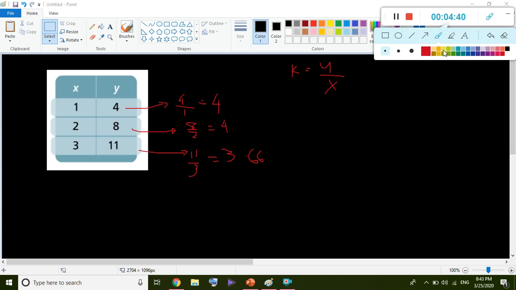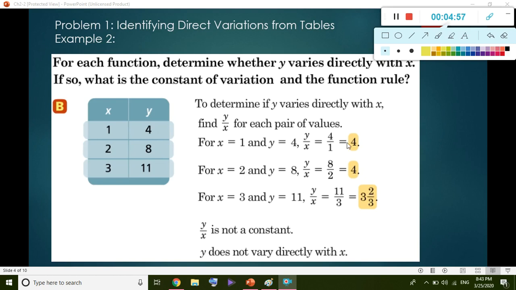It means k here equals 4, k here equals 4, but k here equals 3.66, so it is not a direct variation. It means y does not vary directly with x. Let's check: 4, 4, and 3.667. So y over x is not a constant. y does not vary directly with x.